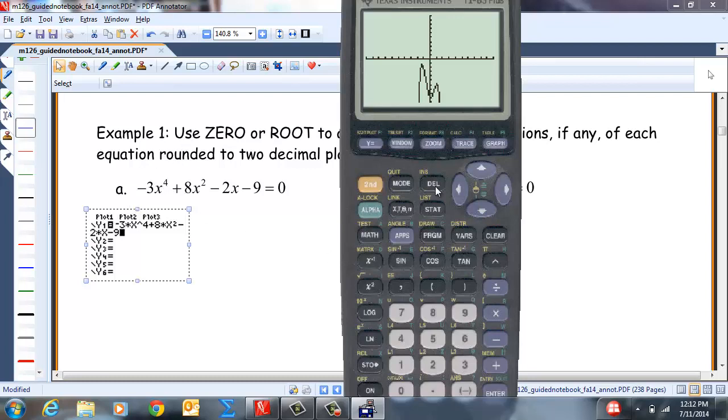So this may indeed be something where we do not have any x-intercepts. But if we go to zoom, and there's a zoom fit key, and sometimes this works to give us a bigger picture or a more complete picture of the graph.